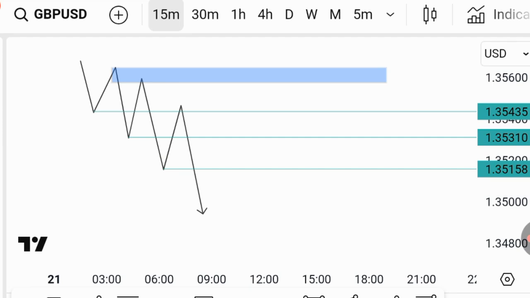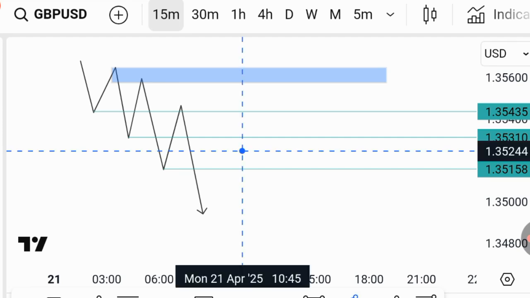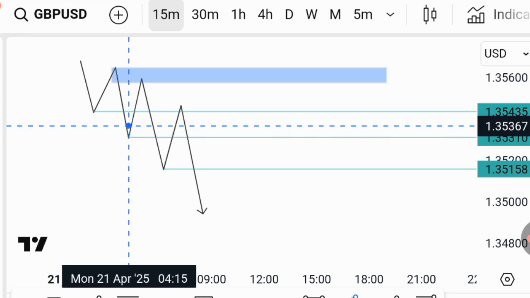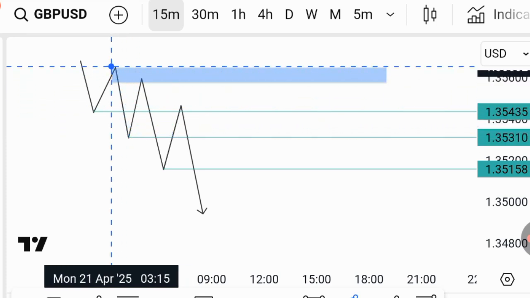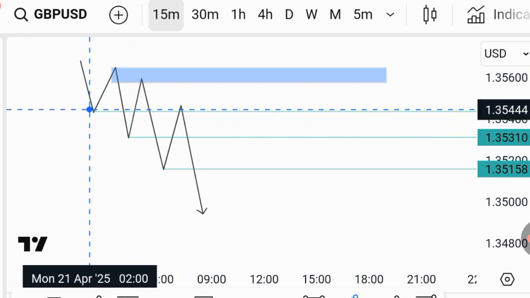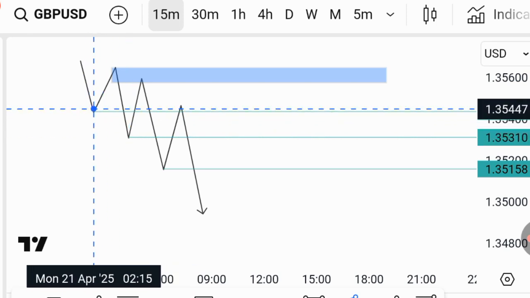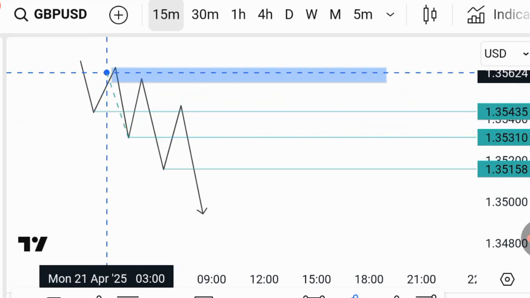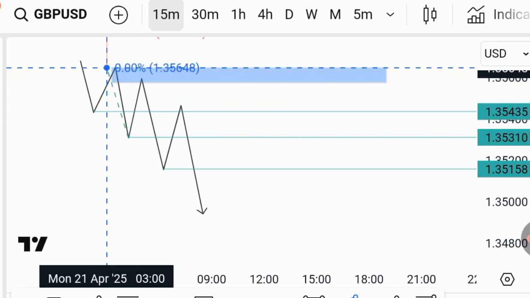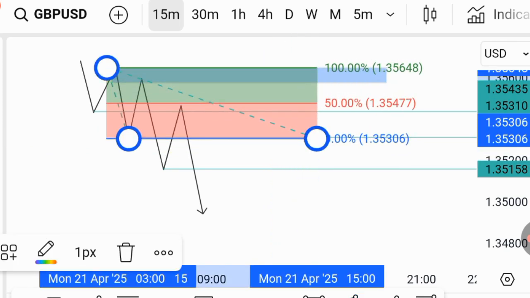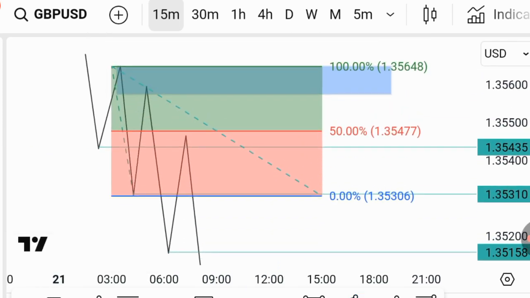So what we're going to do is to identify the premium and the discount of this current structure right here. We said this is the origin, right? And this is the current lower low after it has broken this previous lower low. Now what we do to identify our premium and discount, we use this tool right here, place it this way, and then what can we see?